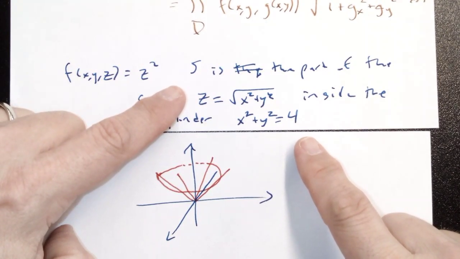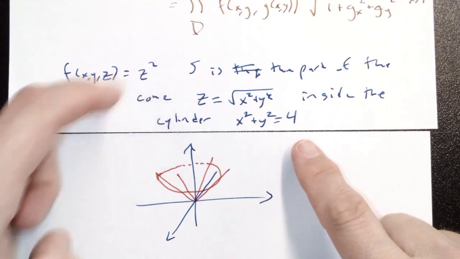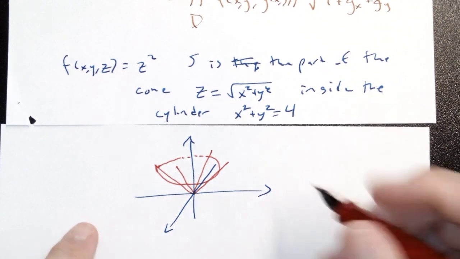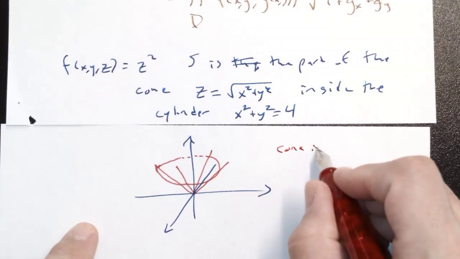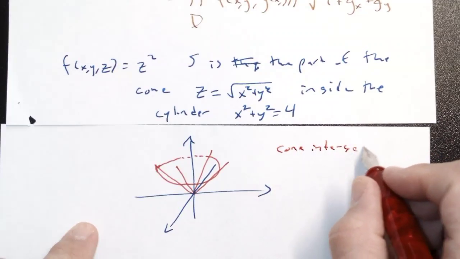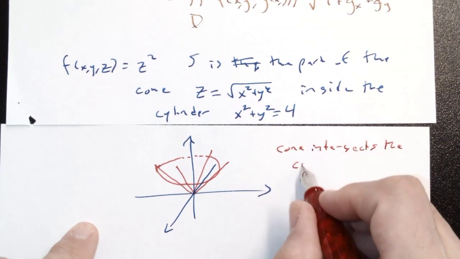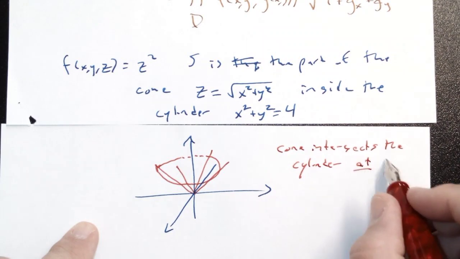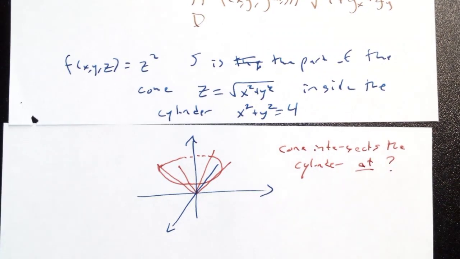Which means, where does that occur? The square root of 4 is 2, so z is 2, a height of 2, and also a circle of radius 2.